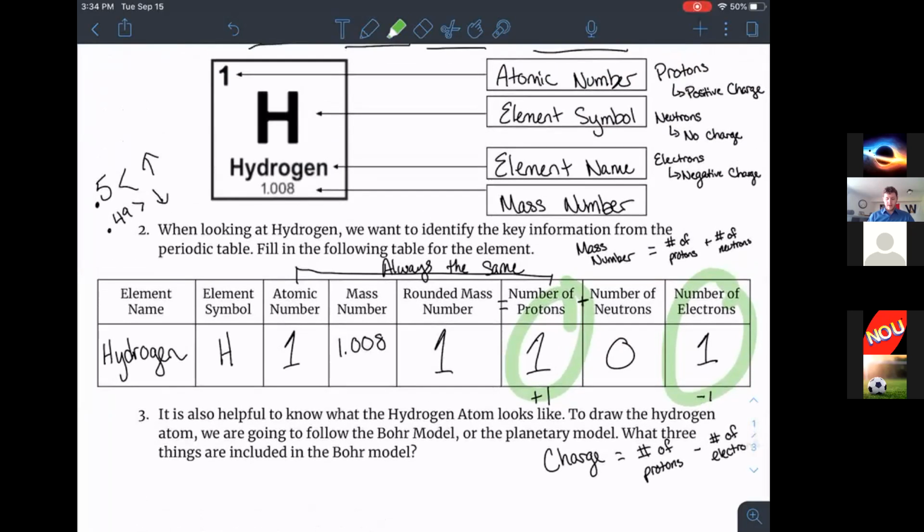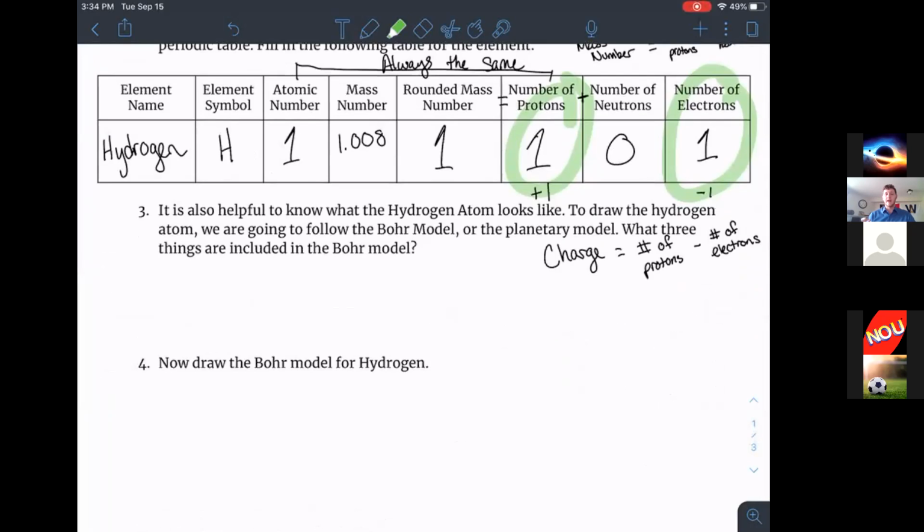All right. So then question 3 says it also helps to know what the hydrogen atom looks like. To draw the hydrogen atom, we're going to follow the Bohr model, or that planetary model that we talked about yesterday in the Ed puzzle. So what 3 things did it say we needed to include in our Bohr model?